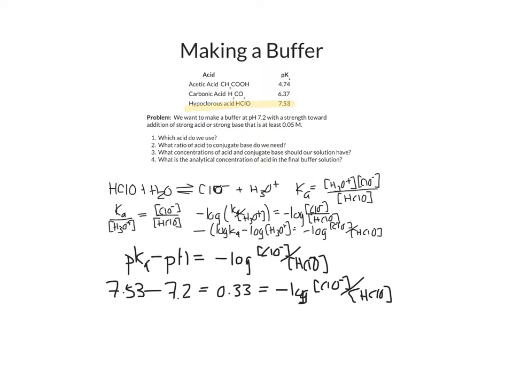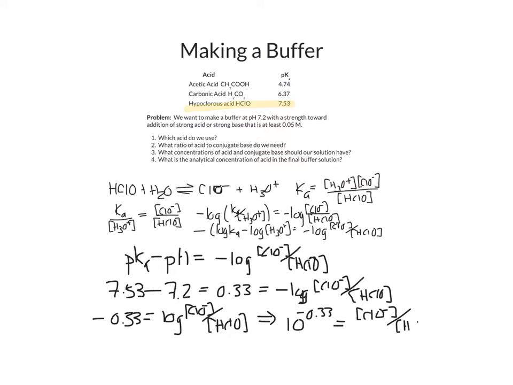And so if I take the minus sign over to the other side, minus 0.33 is equal to the log of the ratio that I want, the ratio of conjugate base to conjugate acid. So now I need to take the inverse log of both sides. So 10 raised to the minus 0.33 will equal the ratio I'm looking for, which is the conjugate base to the conjugate acid.